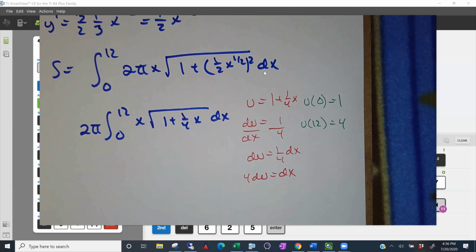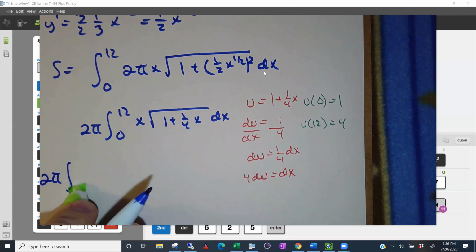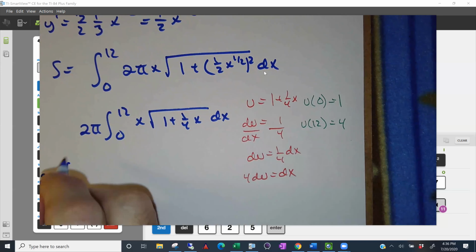So cool, I can change my limits of integration, but I'm going to run into a little bit of a problem, at least for the moment. It's not a 0 anymore, it's a 1. One to 4.